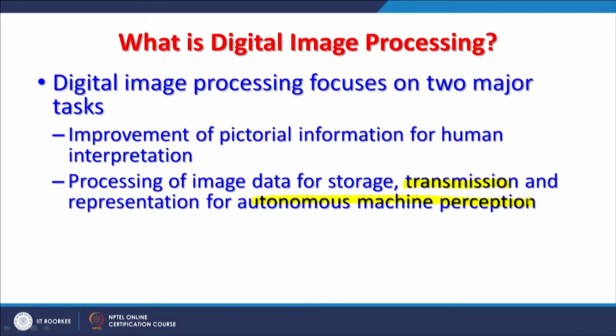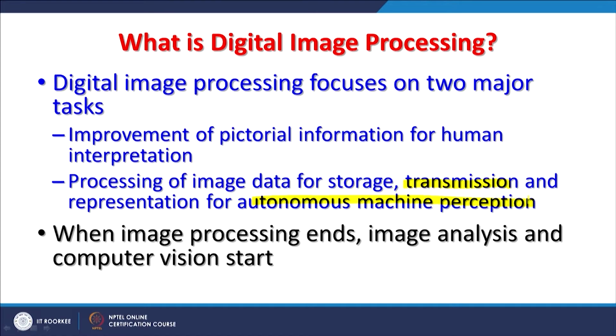And the other thing is the processing of image data for storage. So there are different levels of processing, and of course the transmission, maybe transmission from the satellite towards the earth, and maybe transmission after the data has been archived by the earth station, to other computers situated in different parts of the world for further processing, and then representation for autonomous machine perception can also be done under digital image processing.